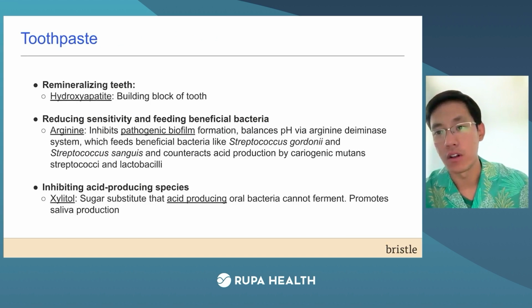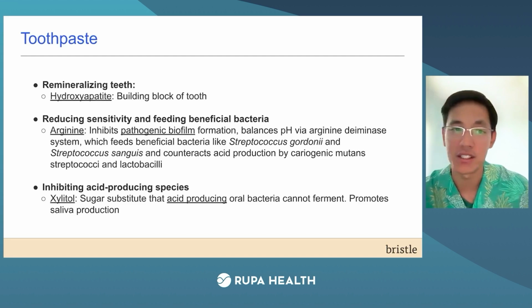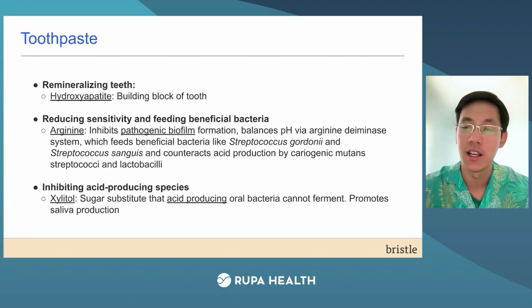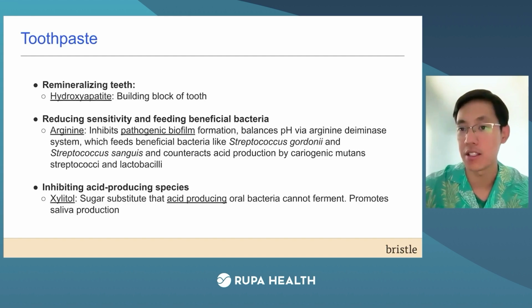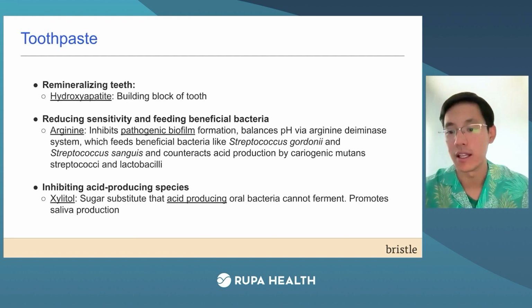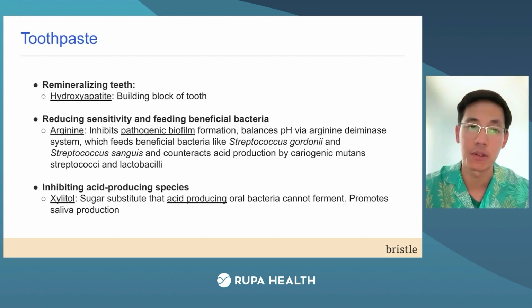And they've been studied extensively to show that they are beneficial for the oral microbiome and in ways that they can remineralize teeth, they reduce sensitivity, they boost beneficial bacteria, and they reduce acid production. And of course, this is key to keeping enamel healthy rather than allowing incipient lesions to progress into cavities that need to be filled.